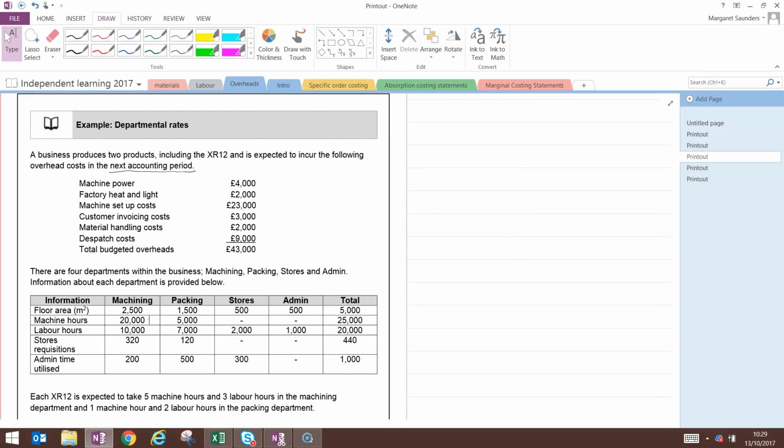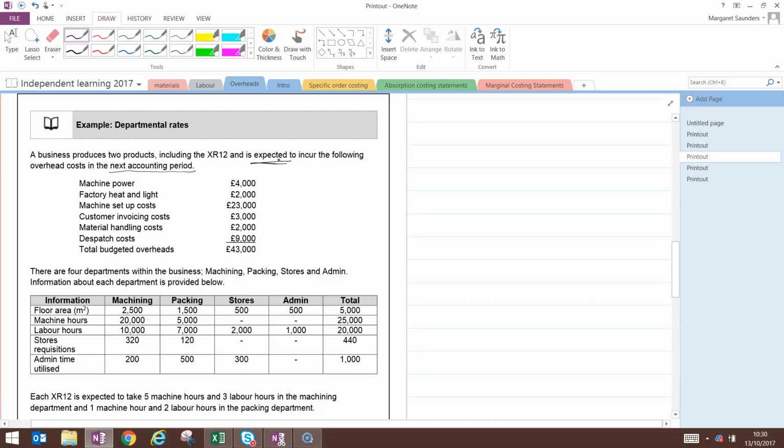So a business produces 2 products including the XR12 and is expected to incur the following overhead costs in the next period. So it's telling us that these are budgeted figures because they relate to the next accounting period, and they've also used the word expected.